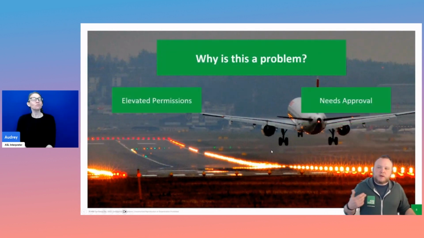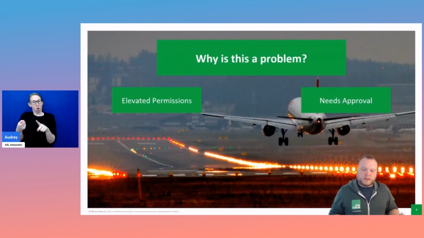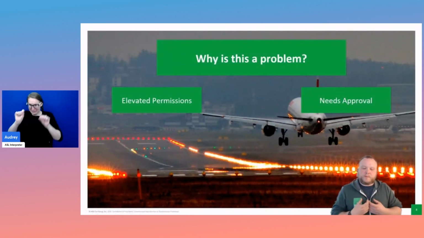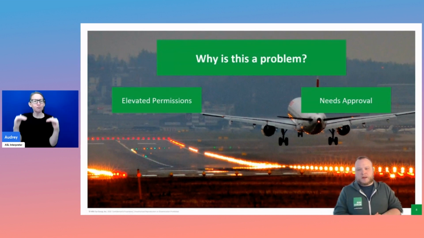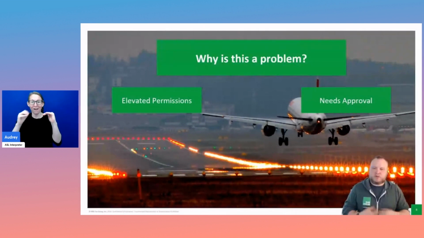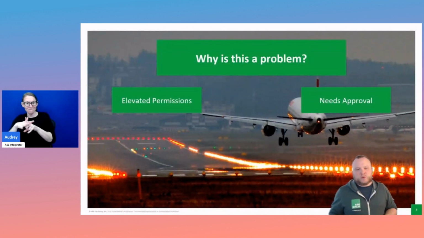This is a problem because even though all of those pieces can be automated, a lot of them require elevated permissions. And in a lot of cases, in order for an application team to deploy a new environment, they need to go through some type of approval process.